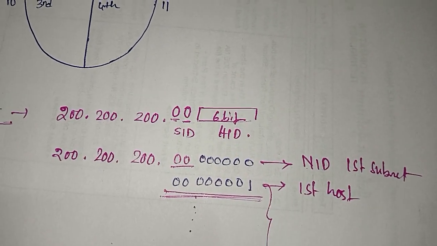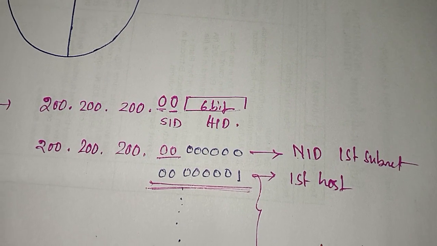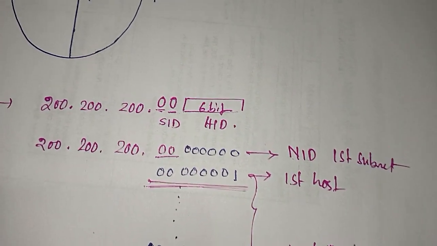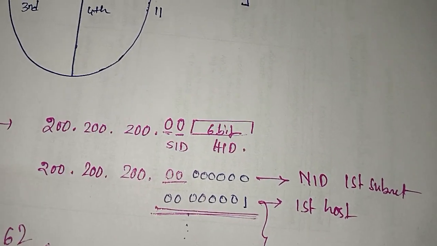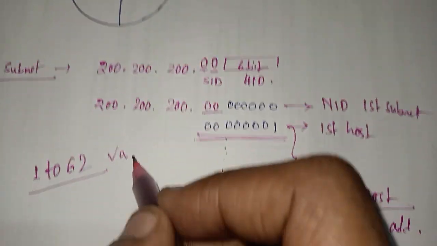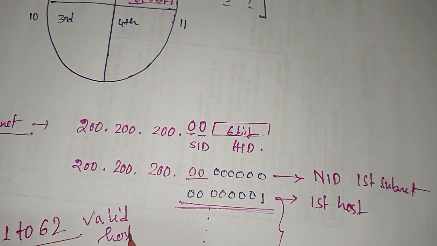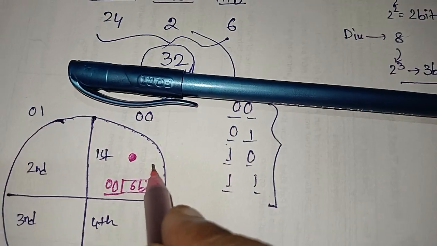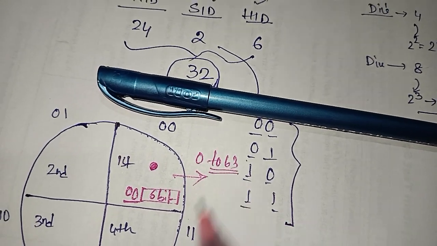So from the host ID, this is the range from 1 to 62, where the first bit is 0. 1 to 62 is the valid host range, but the range of this network lies between 0 to 63.